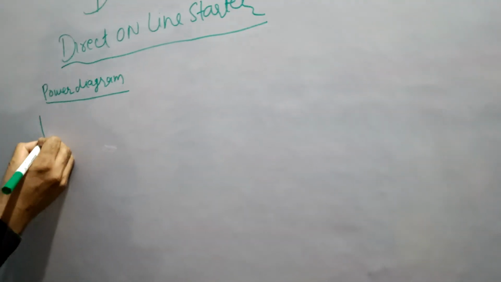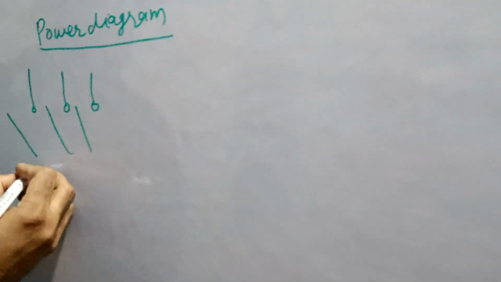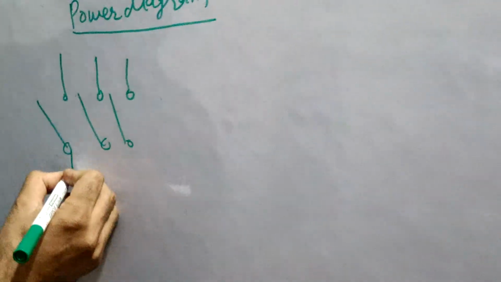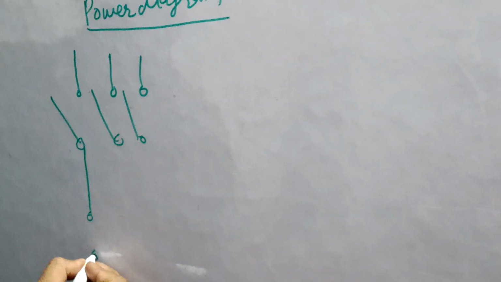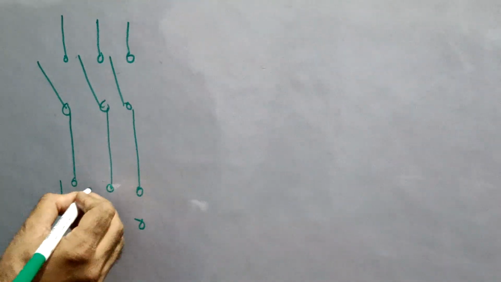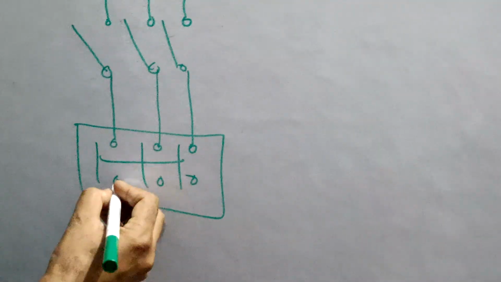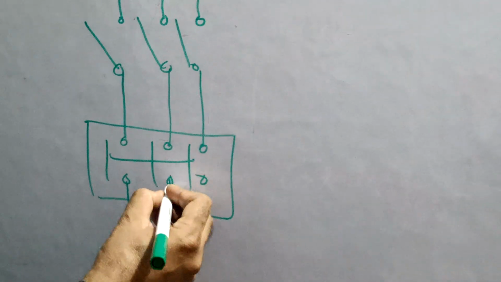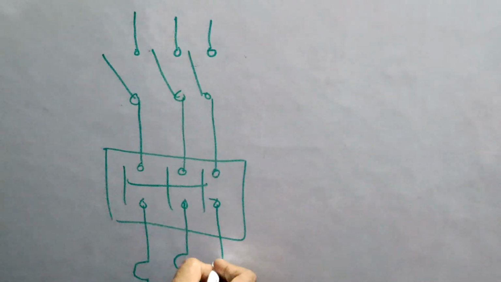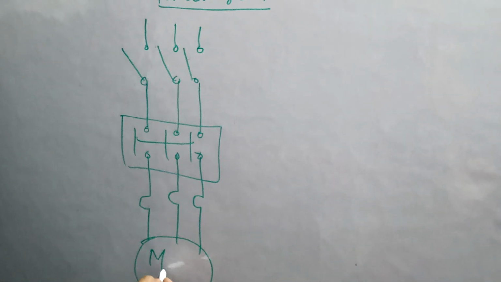In the power diagram, we use three phases. We use the MCCB. Then we use the power contacts of the contactor, and we use safety relays, thermal overload relays, and then we connect the supply to the motor.